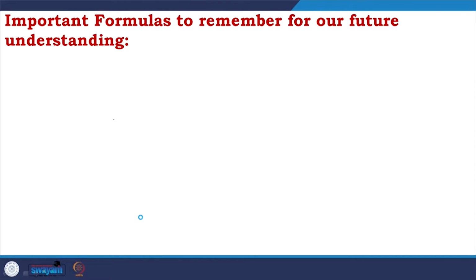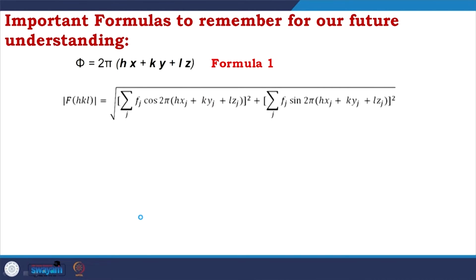A few formulas we have picked up, and these are important. One is phi equal to 2 pi (h x plus k y plus L z). F h k L equals the square root of [summation j f j cos 2 pi (h x j plus k y j plus L z j)] squared plus [summation j f j sin 2 pi (h x j plus k y j plus L z j)] squared.